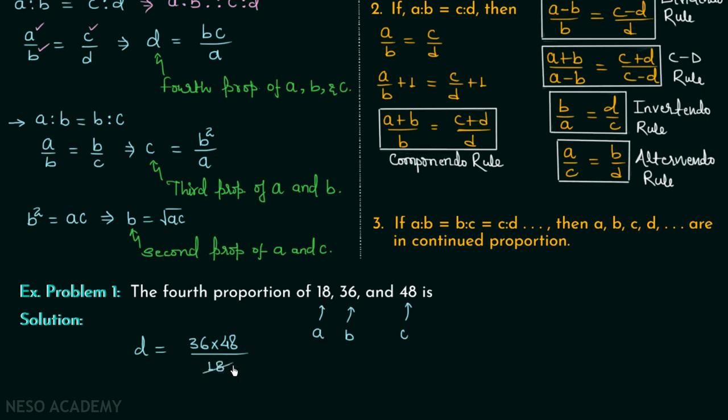We know 18 2 times is equal to 36. 2 multiplied by 48 will give us the fourth proportion equal to 96. So this is the answer.